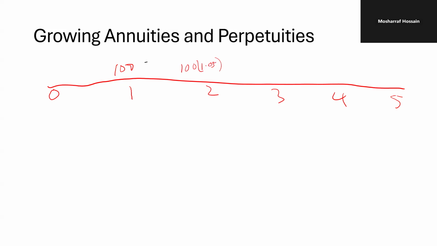Then the next one will be year 4, and this is year 5. Right? These are the cash flows you will see for growing annuities.